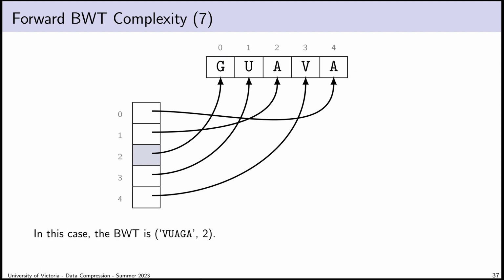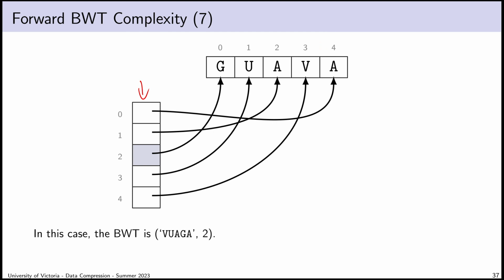Okay, just for completeness, once I'm done the sorting, I can then recover the BWT itself, which is the last column of the matrix, by using my sorted array of pointers. Remember that the pointer points to the first character of the row, which means if I want to retrieve the last character of the row of the matrix, I would just follow the pointer, and then, for row 0, walk back by 1.